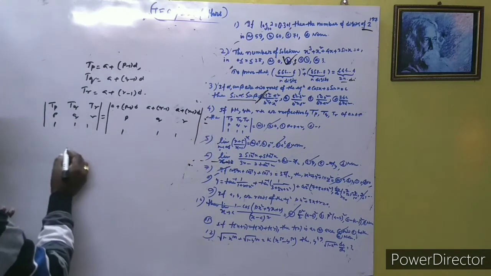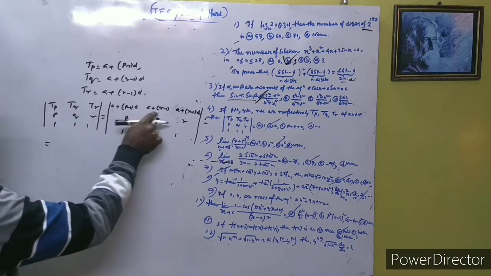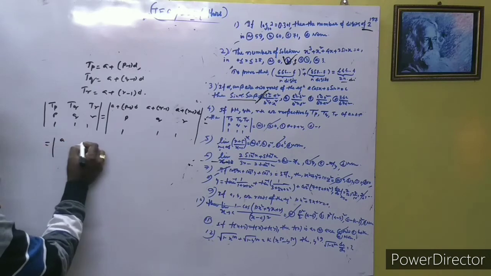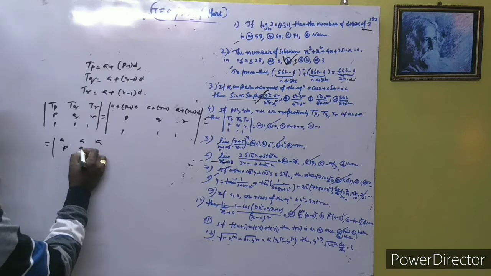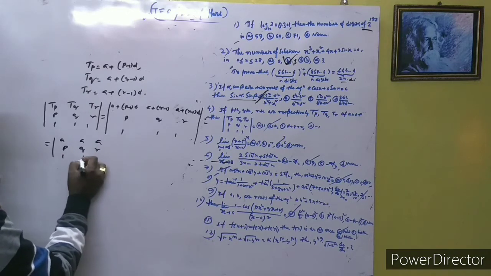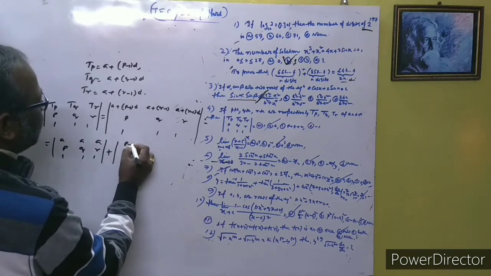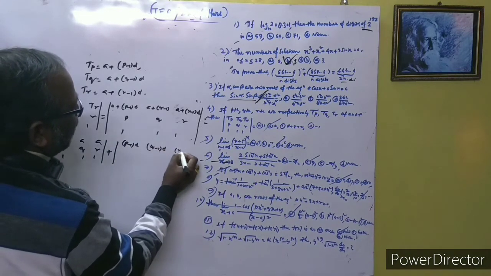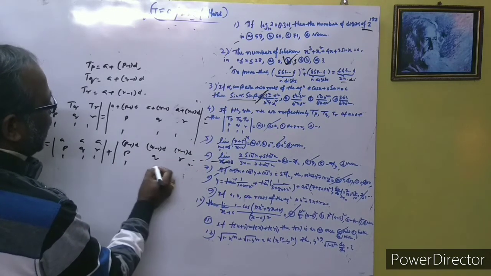Find the value of this determinant. This is an addition, so I want to split this determinant like that: a, a, a; p q r; 1 1 1, and also the addition of p minus 1 into d, q minus 1 into d, r minus 1 into d; p q r; 1 1 1.